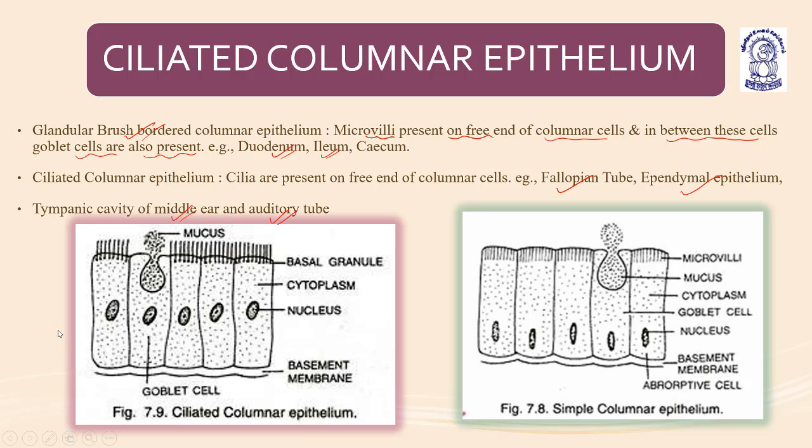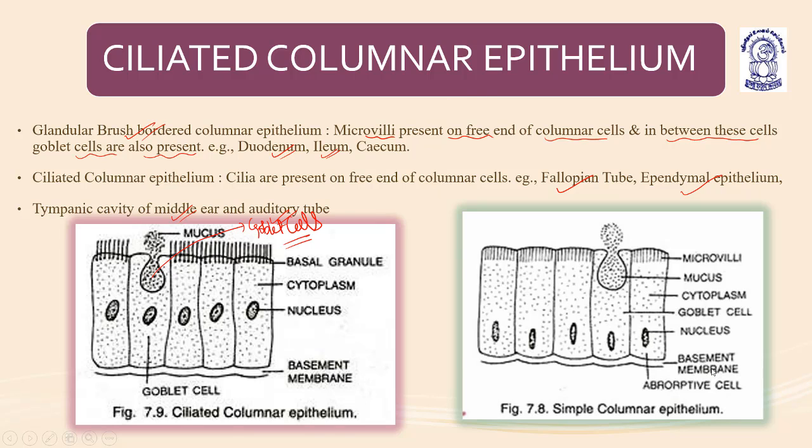Understood? This is the ciliated columnar epithelium with the goblet cell. You can see the mucus producing cells, these are goblet cells. And the simple columnar epithelium also has goblet cells, which produce mucus. Understood?